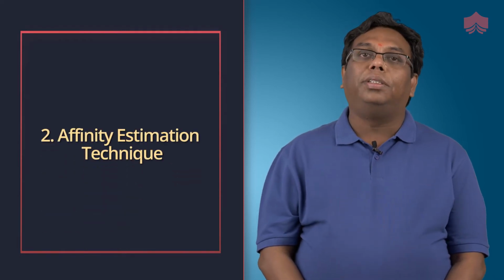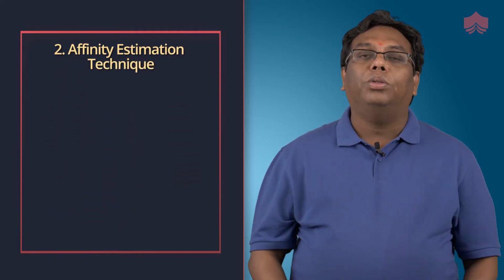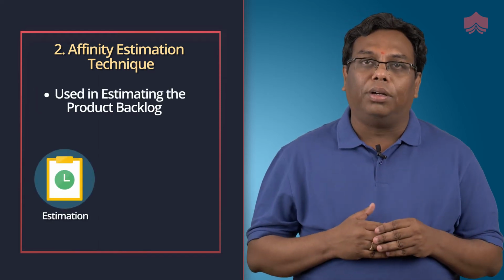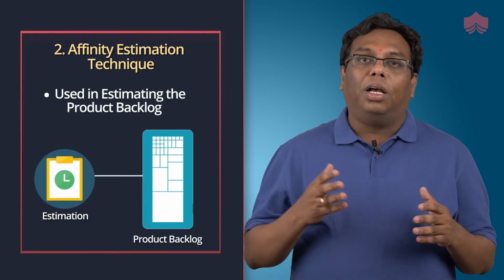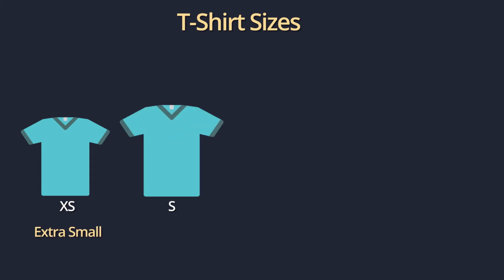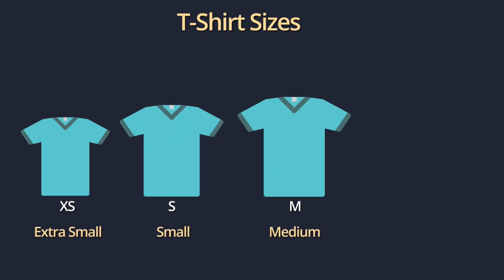Here is another technique, called the affinity estimation technique, which can be used in estimating your product backlog. As an example, we can take t-shirt sizes, where XS means extra small, S is small, M is medium, L is large.